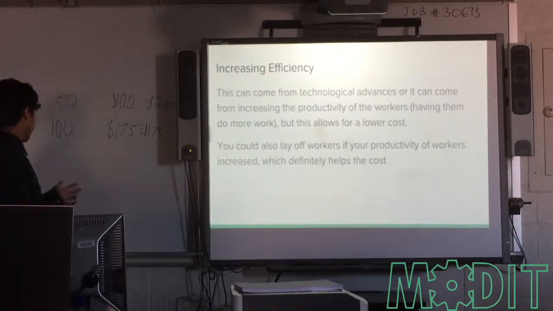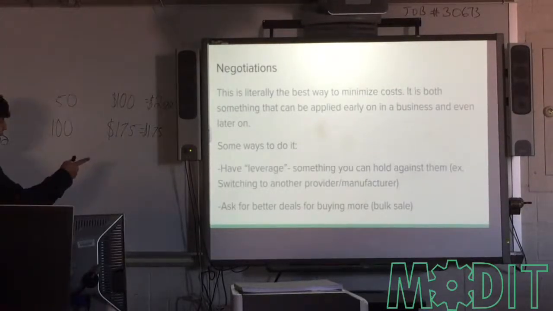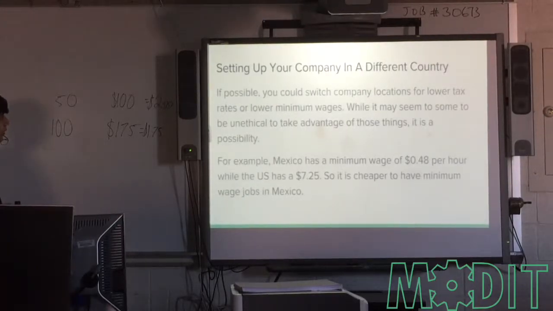So those are the 3 ways you can do it. There's negotiations, the best way and the most common way. Setting up your company in a different country, which is something you would do later on, but when it comes to the States, they have different taxes, so you can think about that.